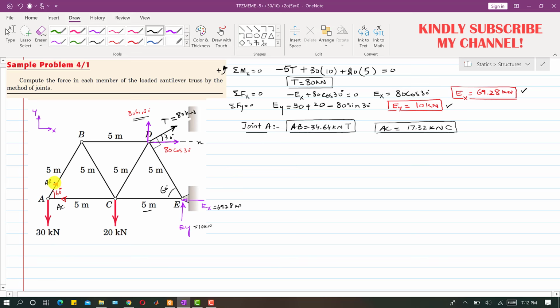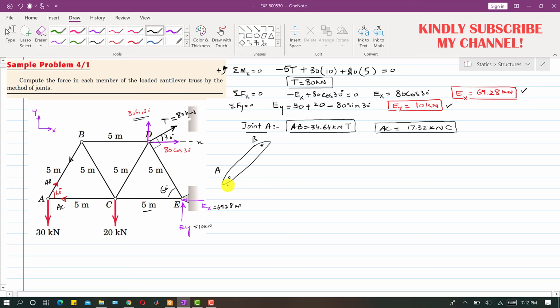Now we know this AB, now we know this AC, and as we know, this force will remain the same, this force will remain tension force. So this means that at joint B, the force will be in the opposite direction. Again, if I draw that member again, let's say this is that AB member.